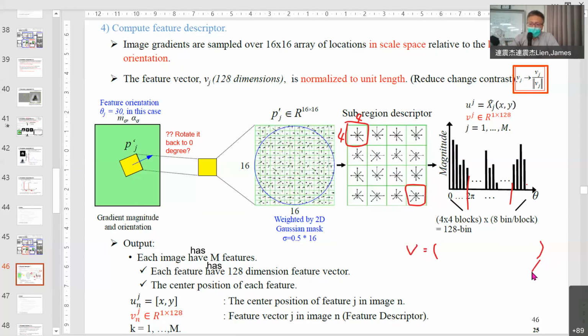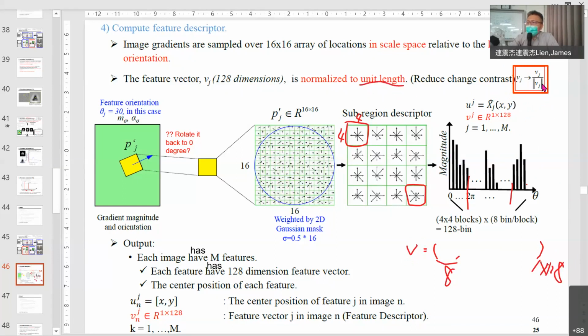So this is 128, and each block has 8 elements. Each element is a magnitude. After you do this, you need to make it a unit vector.